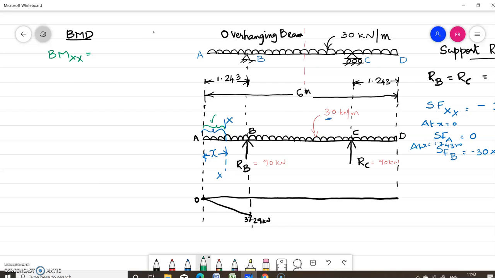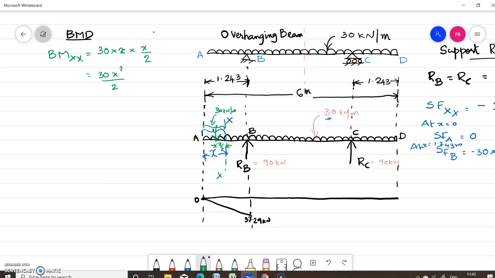This load is 30 kilonewton per meter. So for x distance, the load is 30 into x, acting at the center of this portion, that is at x by 2 from this section line. So when you take moment about this section line XX, it is 30 into x by 2, which is equal to 30x square by 2.